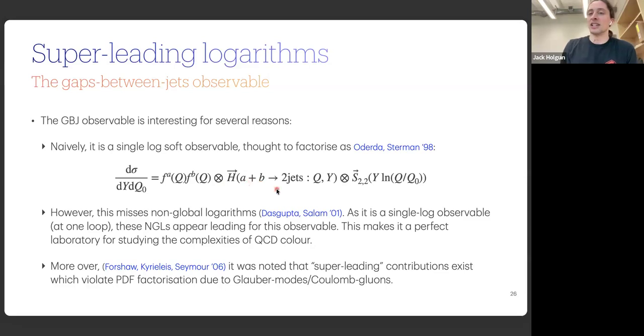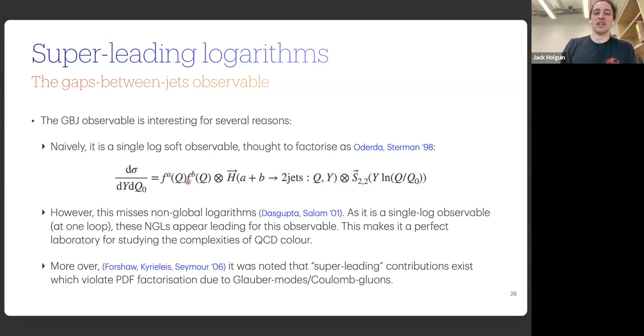This is just like your tree level 2-to-2 scattering times a soft function, which will describe the possibility to radiate a gluon into that gap region, which we're vetoing. And importantly, in this case, the PDFs are evaluated at Q, which is the scale of the partonic cross-section, the center of mass of the partonic scattering.